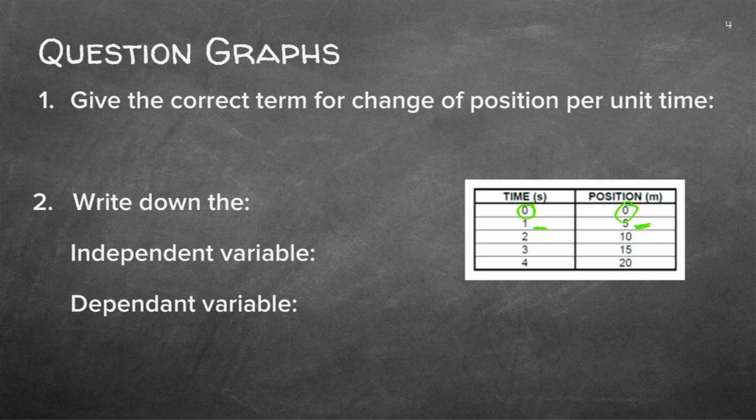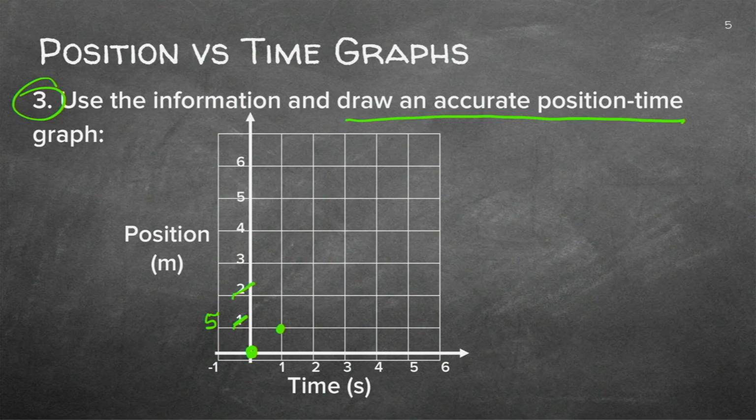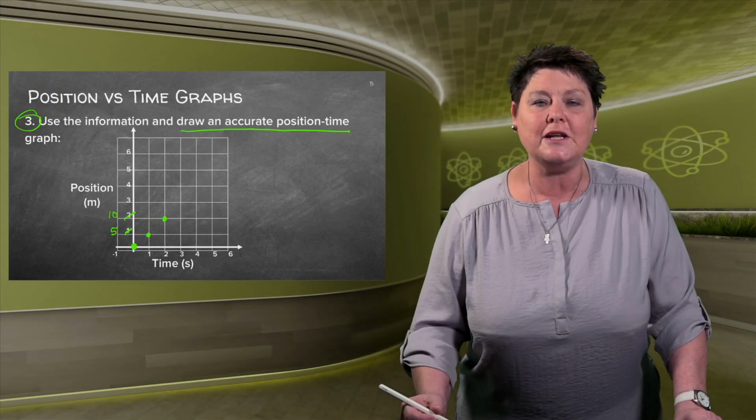Let's go back. In the second second, 10 meters. So let's change that one to 10 meters in the second. So you'll have your point there. Make sure that you really put points on a graph because you actually get marks for that.